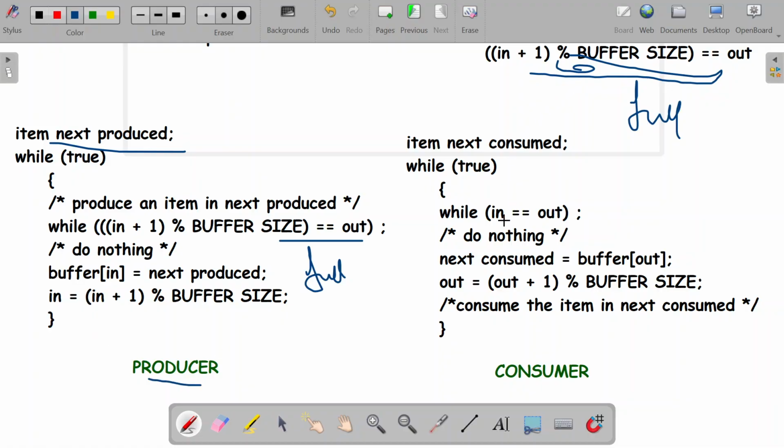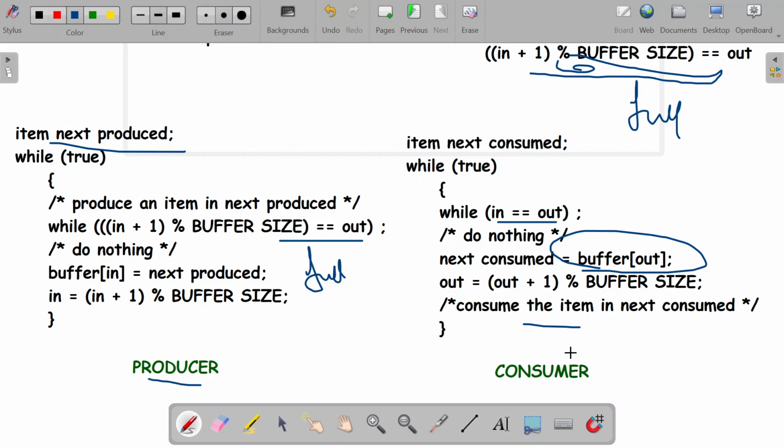In the consumer, it will first check if in equals out. That means if the buffer is empty, there is nothing to consume, so it does nothing. It's blocked. Otherwise, if in and out are not equal, there is an item to be consumed, so we retrieve the value at buffer[out], consume it and update out.